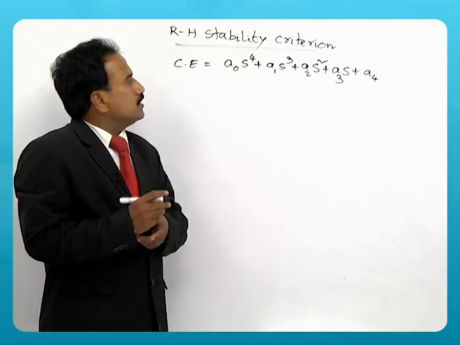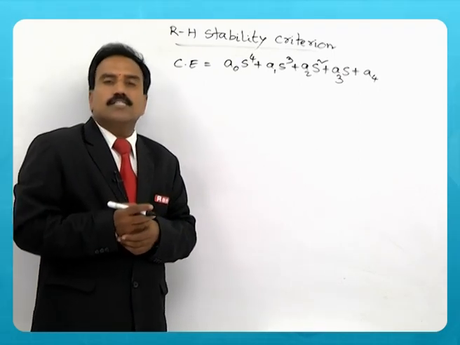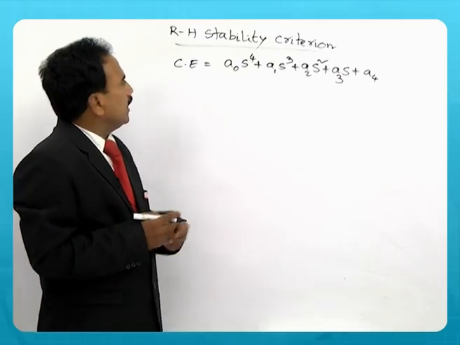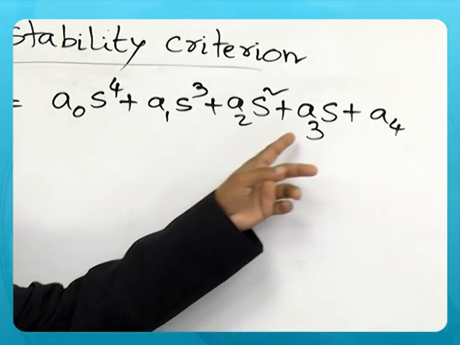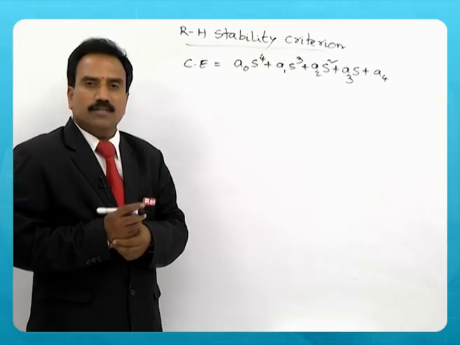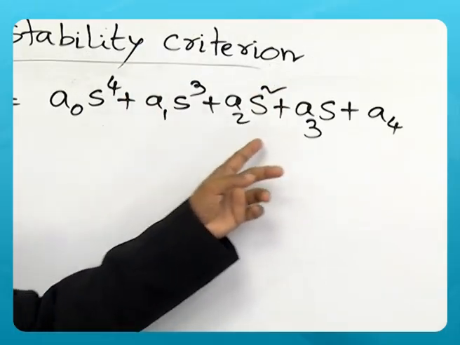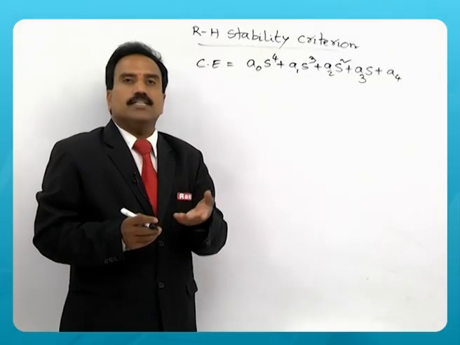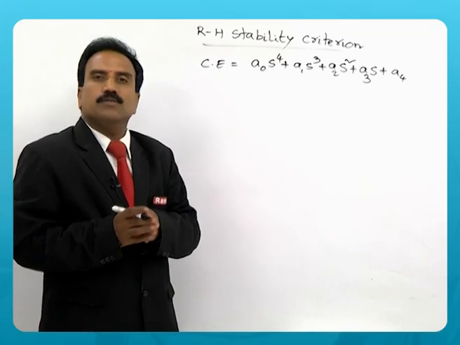By seeing the equation itself, you can assess the necessary condition for stability, that all the terms are available. There is no term missing and all the coefficients have same sign. So necessary condition is met.